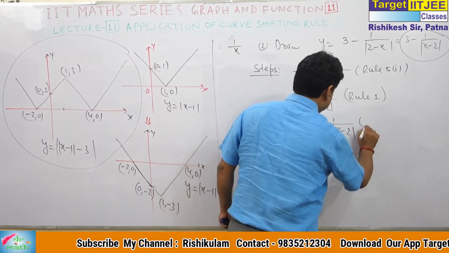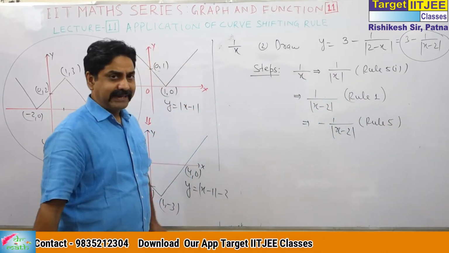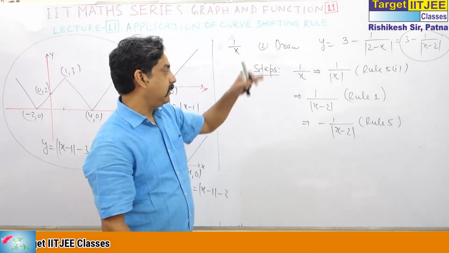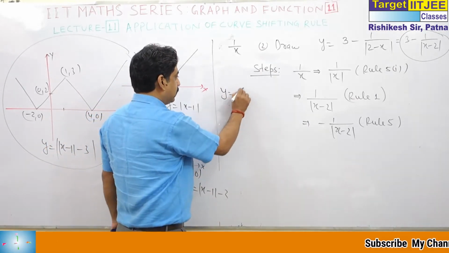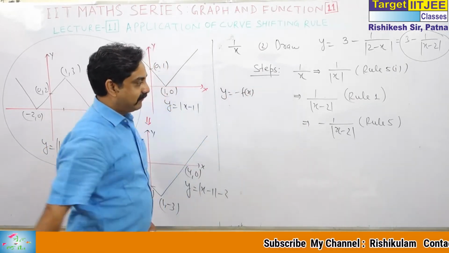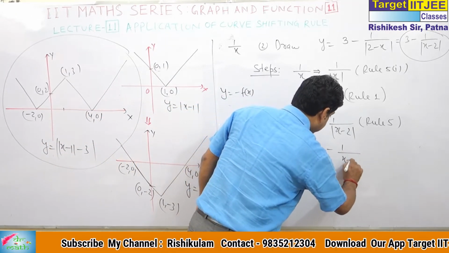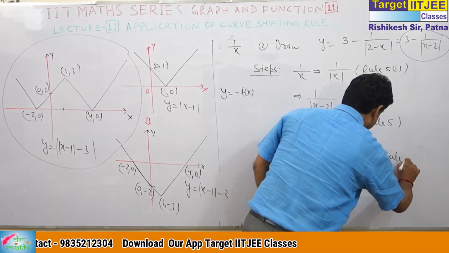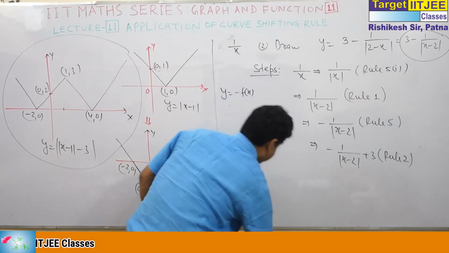This is rule 5, maybe 1 or maybe 2, that you check: the whole graph reflected about the x-axis. And after that, I will take plus 3. This is rule 2: shift 3 units up. These are the steps to start with.